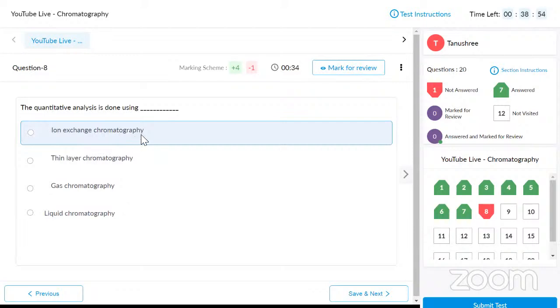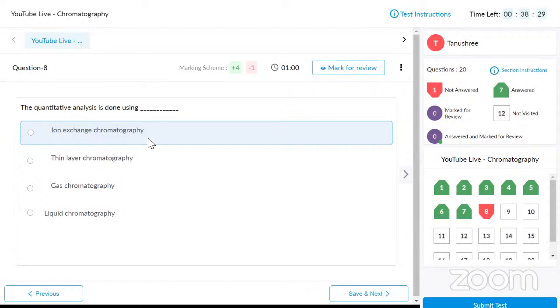So ion exchange chromatography will never give you the exact concentration of how much sample is present unless you are using a mass detector attached to it. Ion exchange chromatography will only be capable of quantifying your sample rather than qualitative analysis if it is coupled or hyphenated with a mass detector or any other detector capable of quantifying your sample.